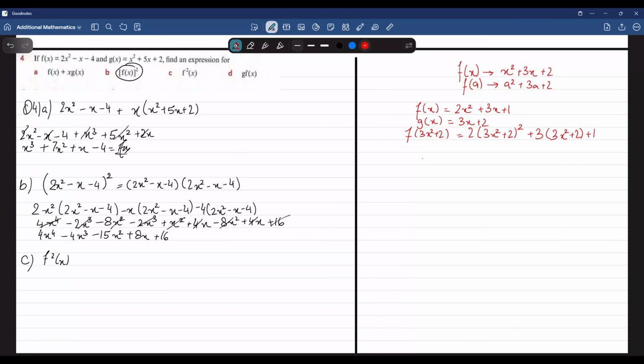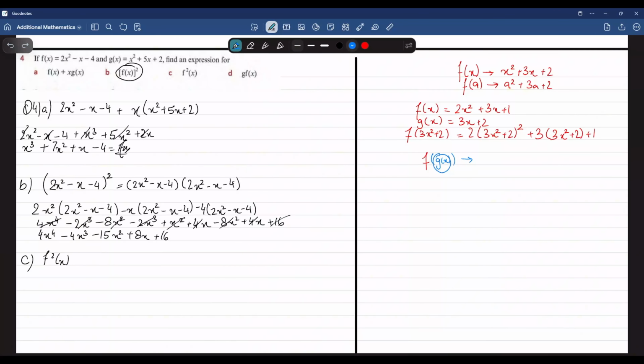Now, if I were to write a question which gives us f, and instead of x, they write g(x) inside it, that would basically mean that we have the function g(x) inside the function f. And that would mean I would just write down g(x) inside f(x).